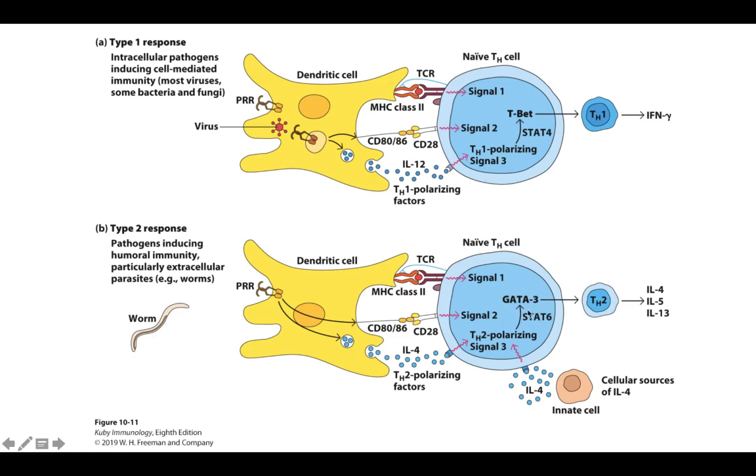And when GATA3 is turned on in this T cell, it's going to be a Th2 cell, meaning that it's going to make cytokines such as IL-4, 5, and 13, which can help for responses to worms as well as humoral immunity.